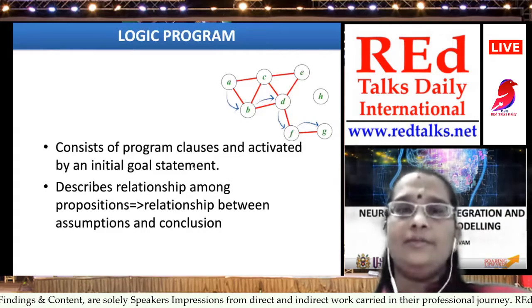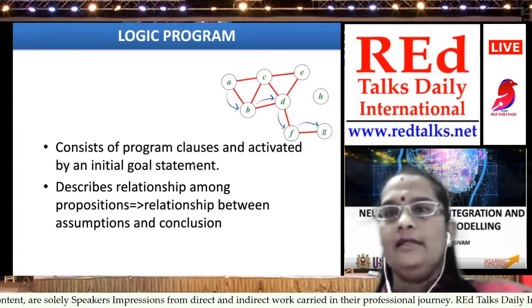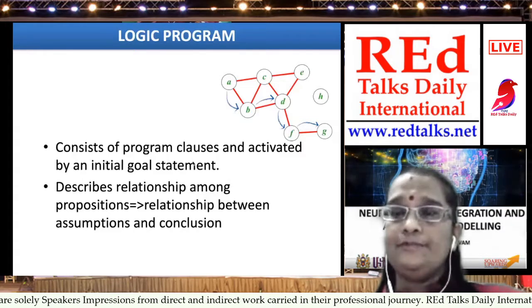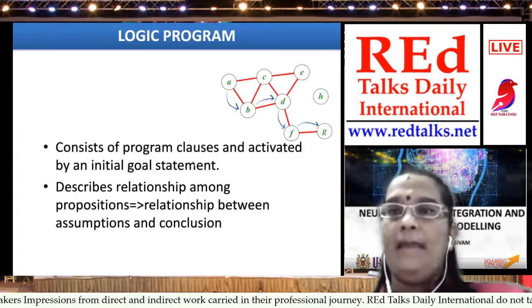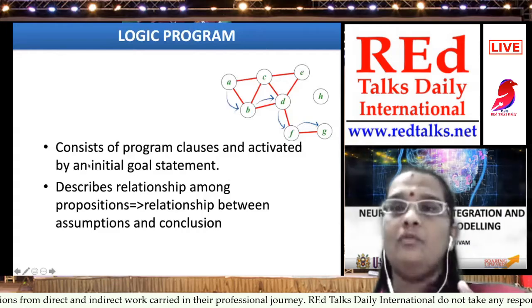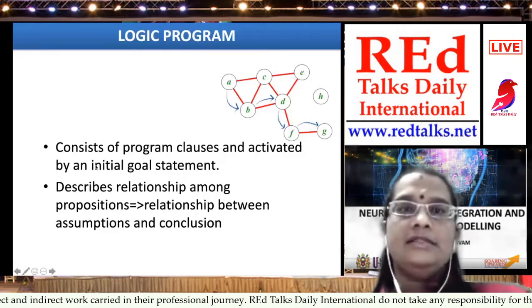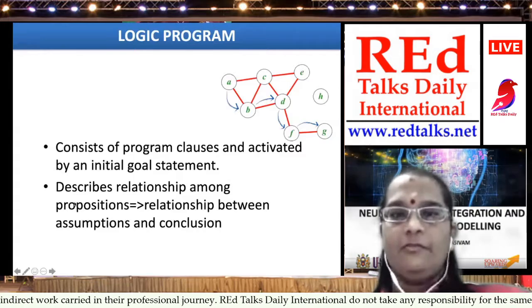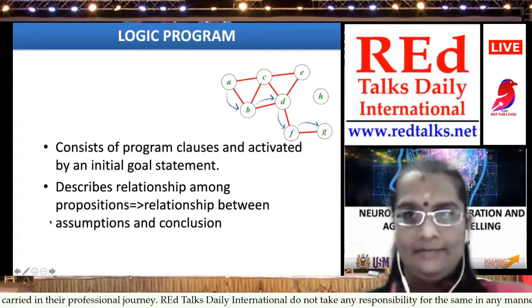Okay, this logic programming, from the name itself, is programming. So we need a platform to train the logic, for example C program, MATLAB, Mathematica, and so on. All these programs have toolboxes developed for solving neural networks. This logic programming consists of program clauses and is activated by an initial goal statement.